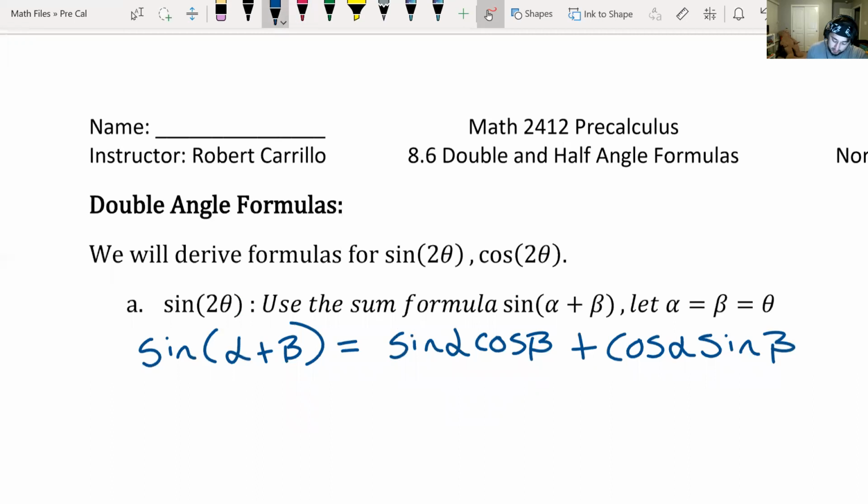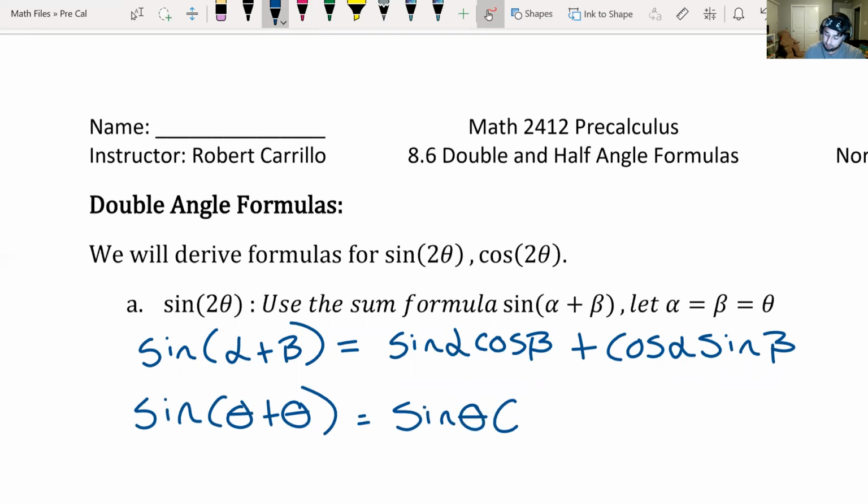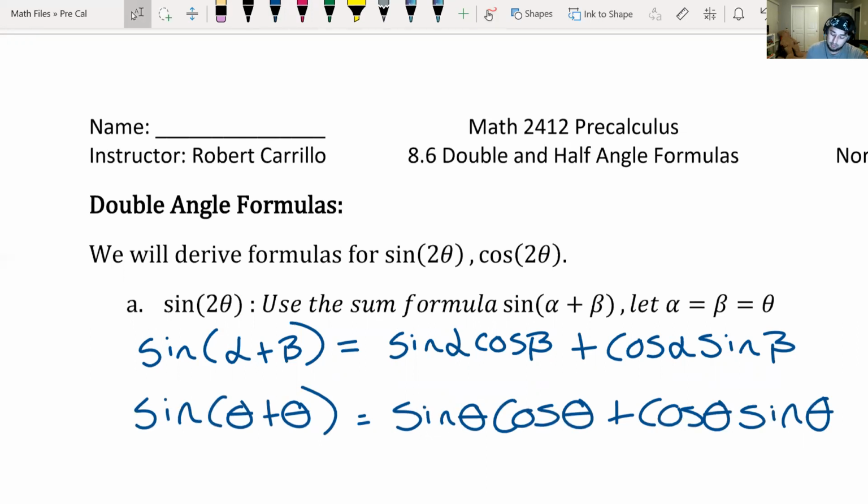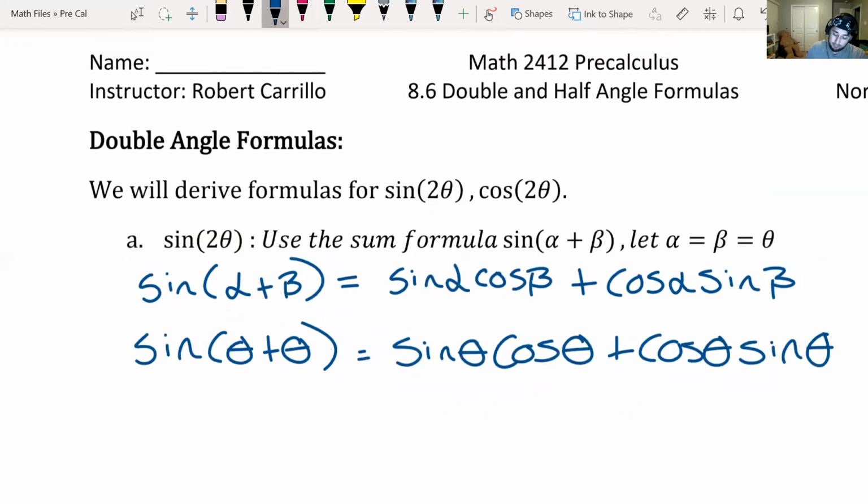So this becomes sine theta plus theta equal to sine theta times cosine theta plus cosine theta sine theta. Clean it up.